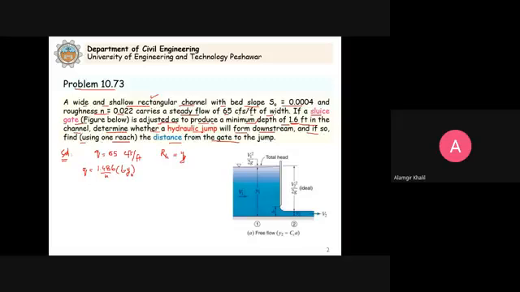But because we do not have the total discharge, we divide this area by the width of the channel, so it becomes a unit discharge. Then the hydraulic radius is equal to the depth of flow, because we have a wide and shallow channel, so this will be y naught to the power 2 by 3, into S naught to the power 1 by 2.